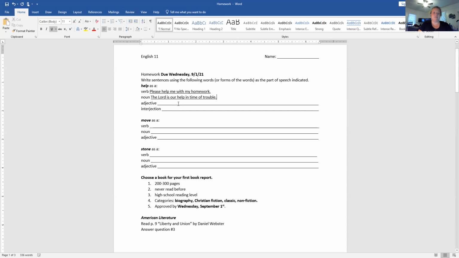All right, what about adjective? A lot of times with adjectives, we put full on the end of a word. Like beauty goes from beauty being a noun to beautiful, which is an adjective. You could do this with help. You could also talk about help desk if you are making a sentence about like IT. I'm just going to say the helpful student handed out the graded papers.